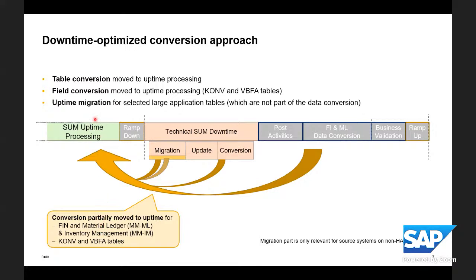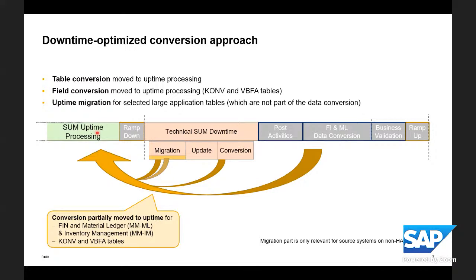Well, if we execute those activities in uptime while end users are still working on the system, for example, we migrate table content from source to target HANA database, then after that migration, it could be that end users are doing changes on the database that change those tables there.